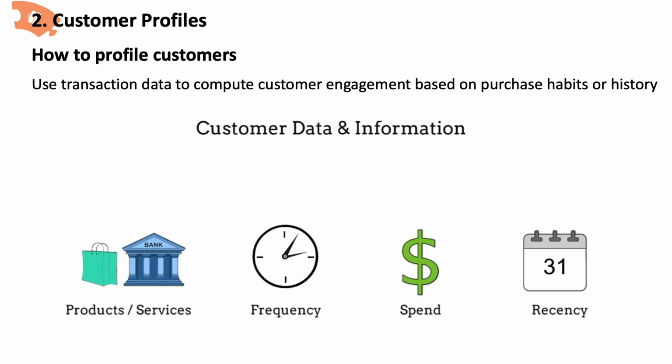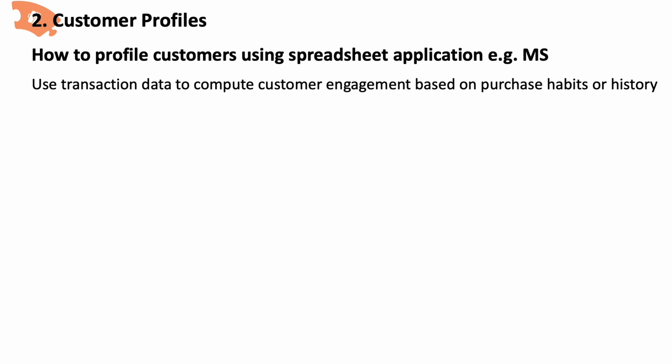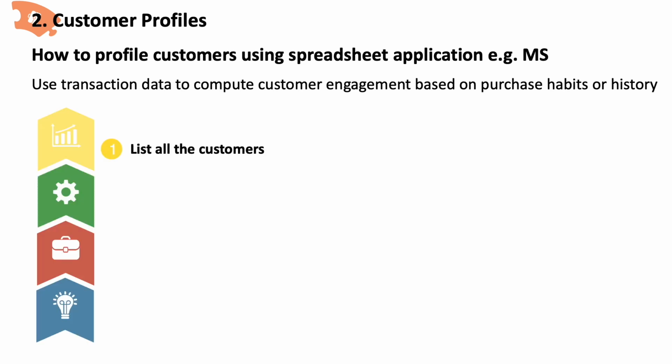Using Excel or any other spreadsheet program, create a list of all the customers. As mentioned, this information can also be extracted from your CRM system or accounting software. Add columns with readily available information, transactional data such as the date of the last purchase, the products or services purchased and the amount spent.